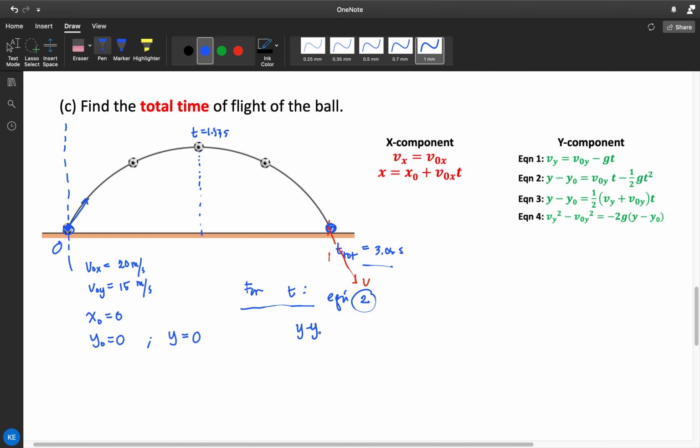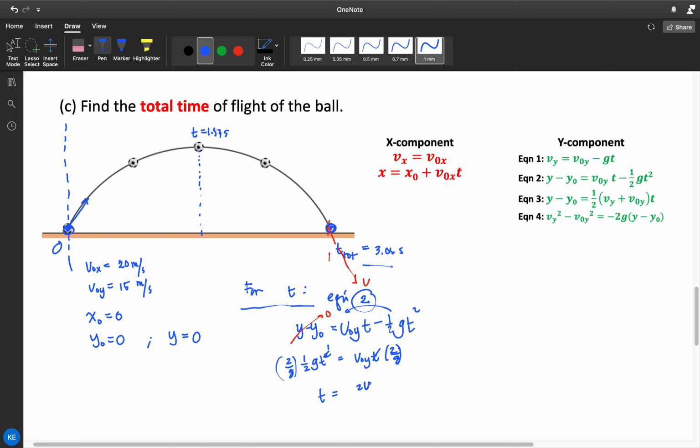So you'll have y sub o plus v sub oy t minus 1/2 gt squared. Basically here, y sub o is simply equal to 0. So the left side of the equation becomes 0, and you're left with 1/2 gt squared. Transpose this to the other side, so you'll have v sub oy times t. Divide both sides by t, so you'll have t, and then multiply both sides by 2 over g.